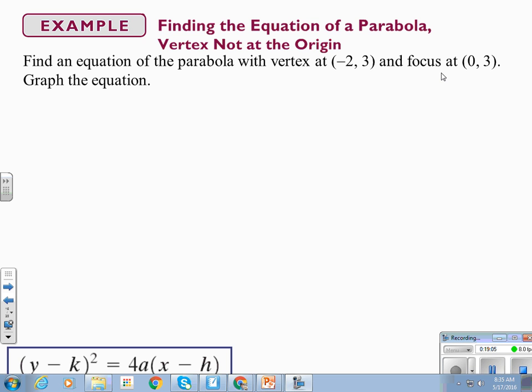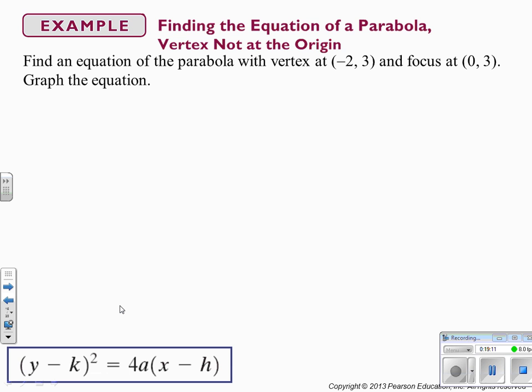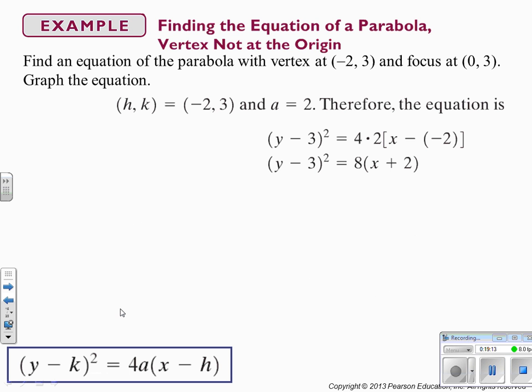So we pull our right opening parabola equation. We know that h and k is -2 and 3, and a is 2, because the distance between the vertex and the focus is 2 units.